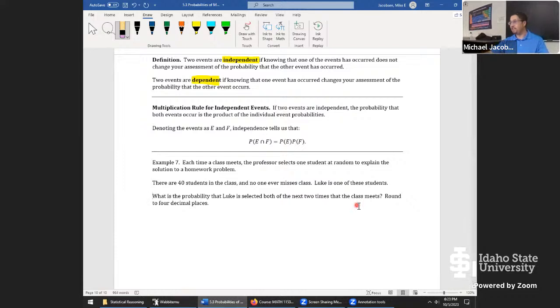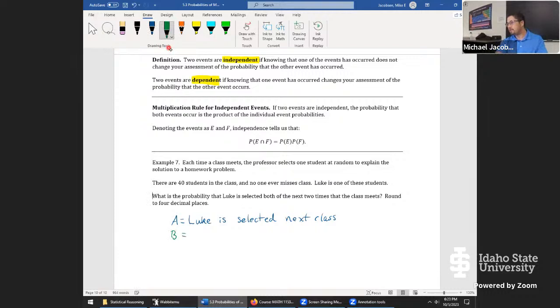Well, that means we need some events. So let's start defining some events. This is all about being selected to put down a problem. And we can say A, Luke is selected next class. He's selected to do the problem solution on the chalkboard, but I'll just say is selected, leaving the rest of the context to carry.